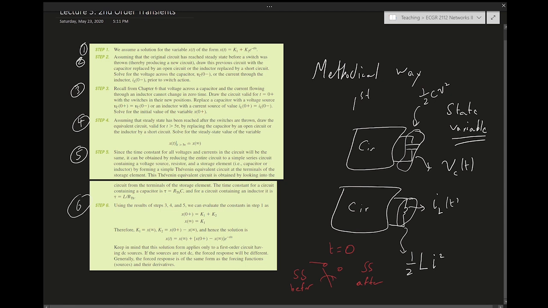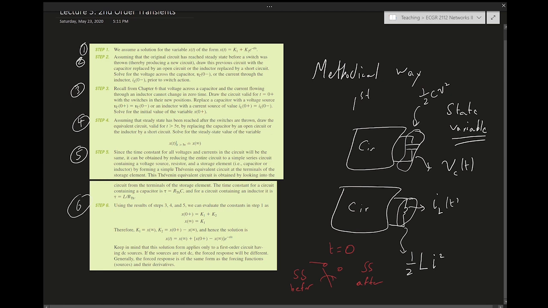The assumption in this analysis is that the circuit already reached steady state before the transient. That doesn't have to be. We could have had multiple transients. We could have had an older transient, and then the new transient happened before the old transient was finished. Right? We don't want to go that far.